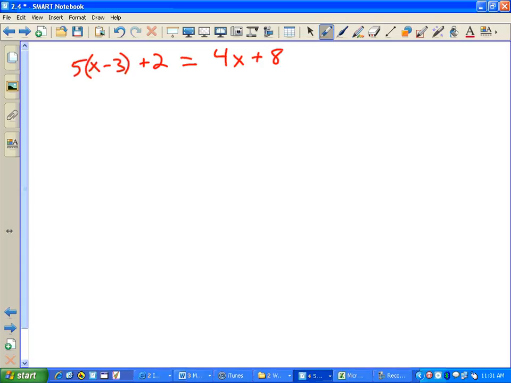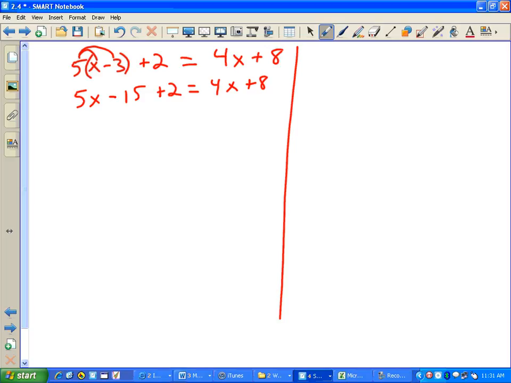If I go through and start solving, every time I make another step, I'm using some algebra property. I just have to be aware now of which property I'm using. So the first thing I would do is distribute this 5 inside there, and I would get 5x minus 15 plus 2 equals 4x plus 8. Okay, so I distributed.